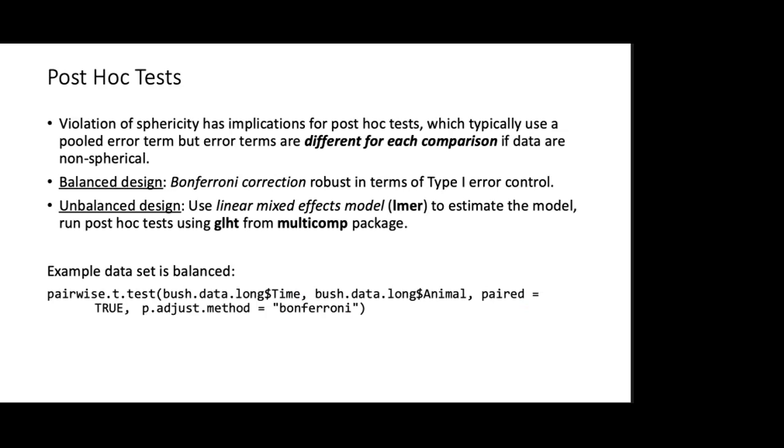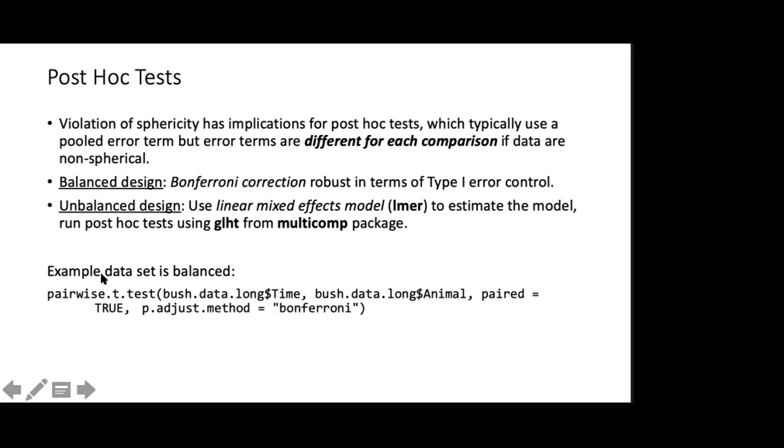If your design is unbalanced, don't do it. Use linear mixed effects models to estimate the model, and then run your post hoc test using the glht function from the multcomp package that we were talking about yesterday, right? And lmer, a function from the package lme4, is the mixed effects extension of linear models, right?